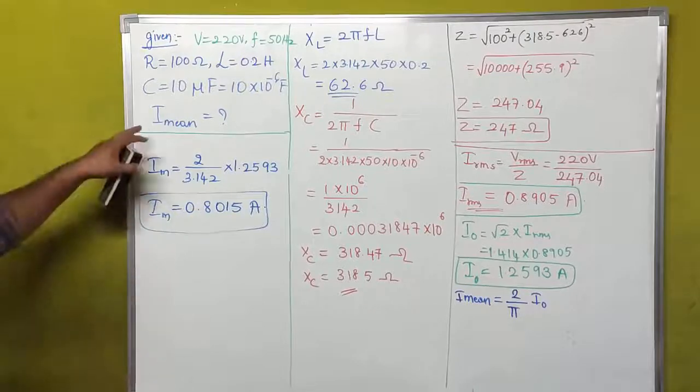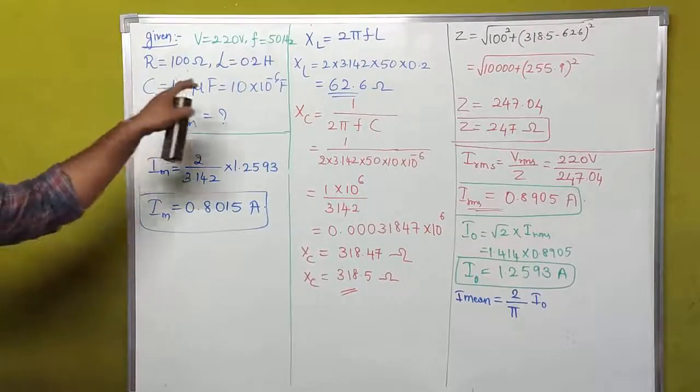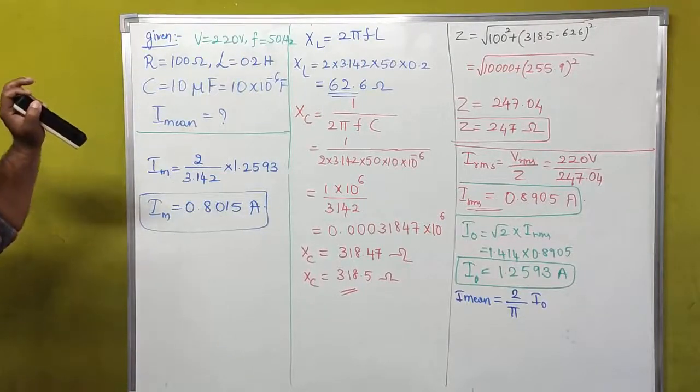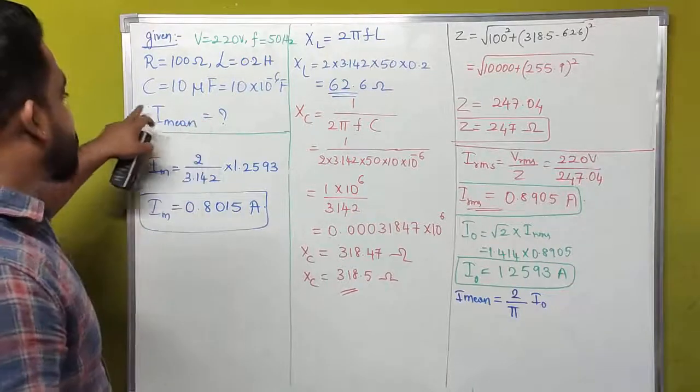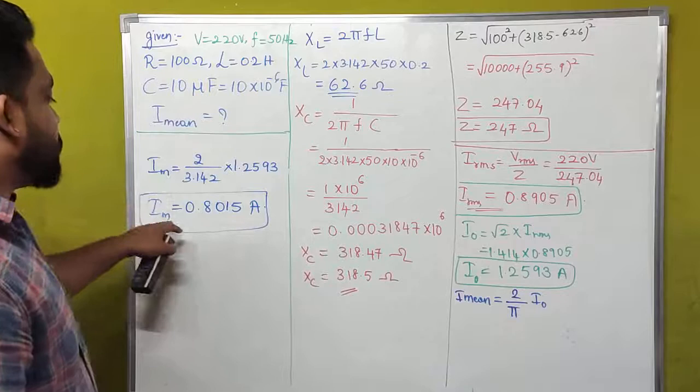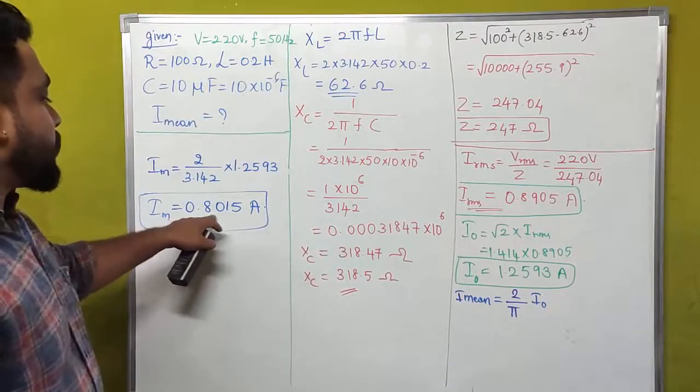This is the value of average current of a series LCR circuit. The average value of series LCR circuit is I mean is equal to 0.8015.